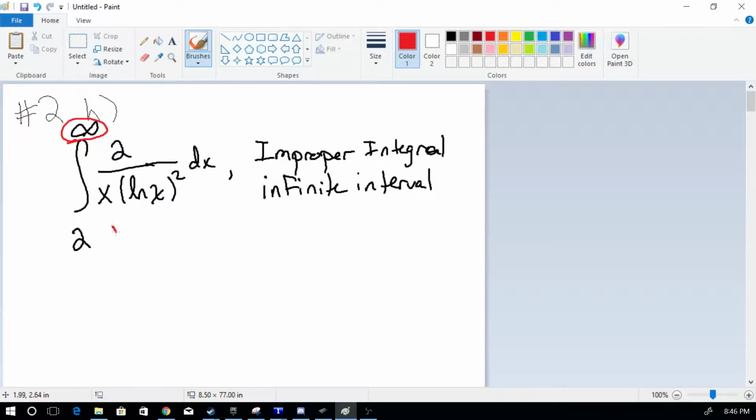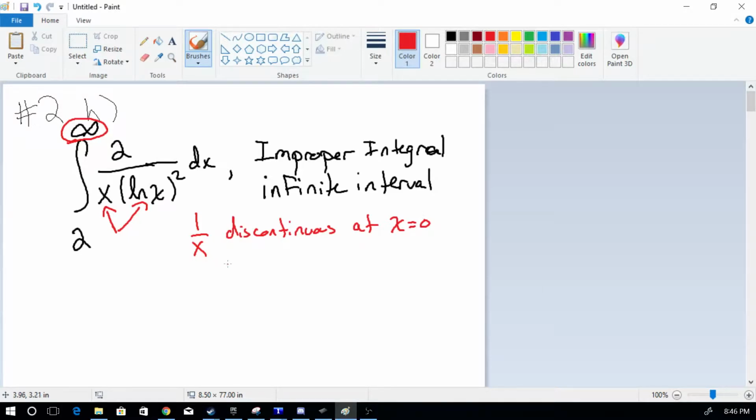Okay, so we see a 0 in the denominator here and here. 1 over x is discontinuous at x equals 0.